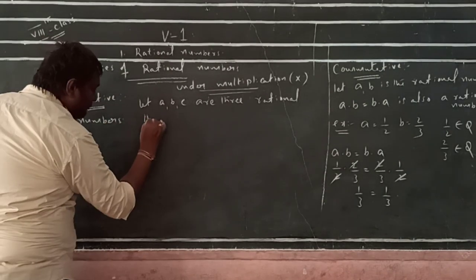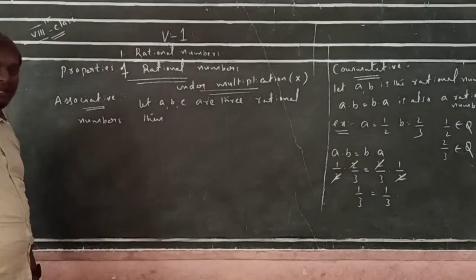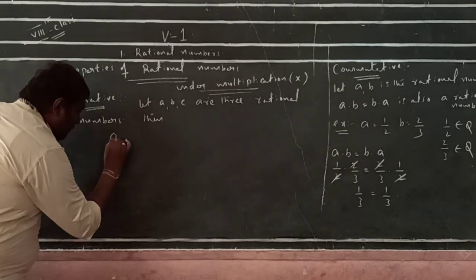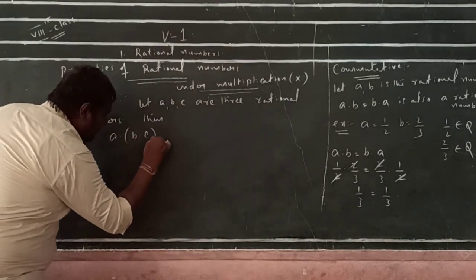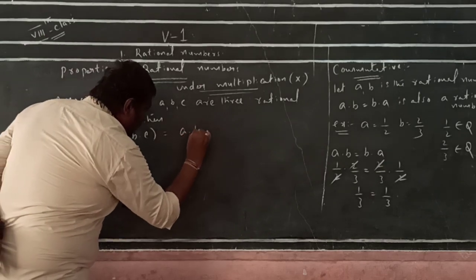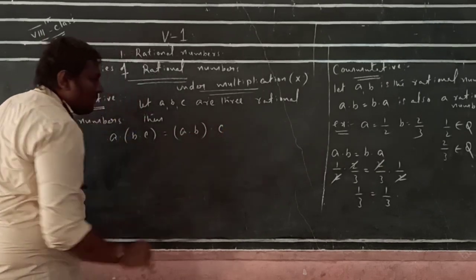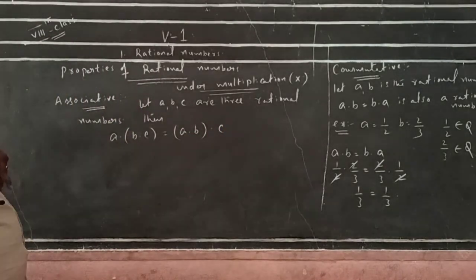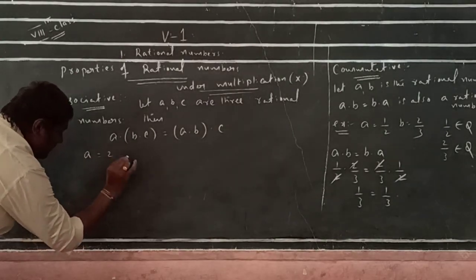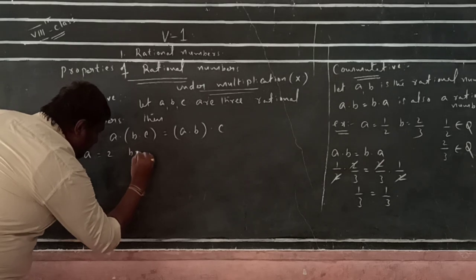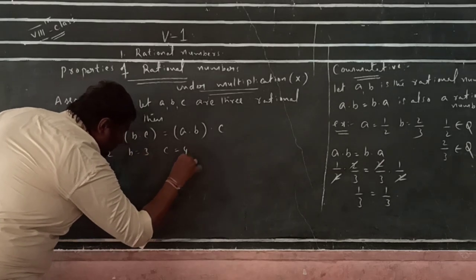Then what is the condition? A dot B dot C is equal to A dot B dot C. This is the condition. Okay, what is the A value? Here A value we take, A value is 2, B value is 3, C value is 4.